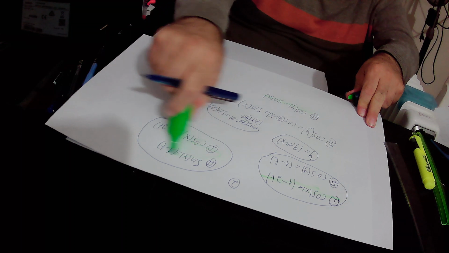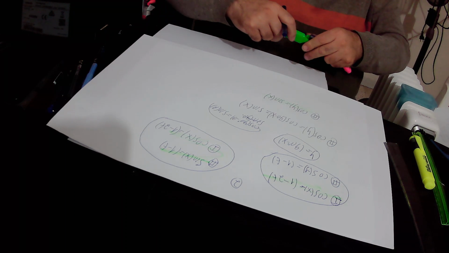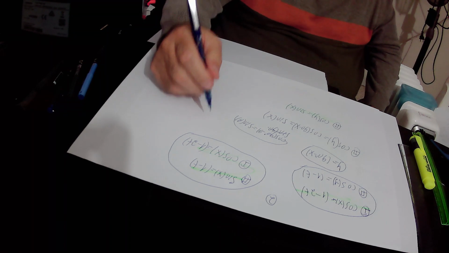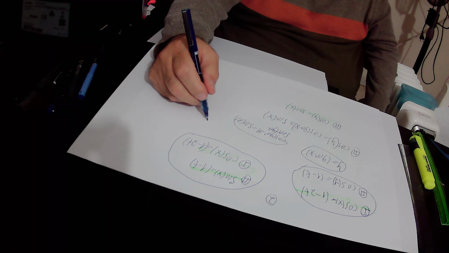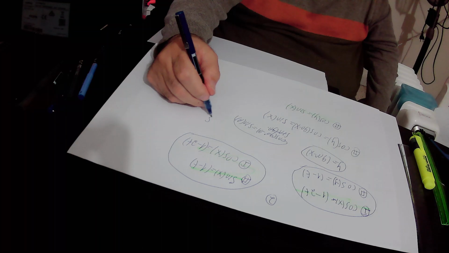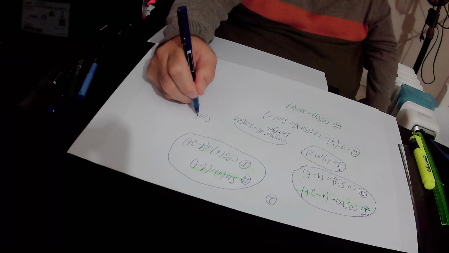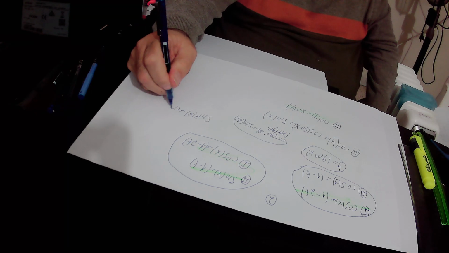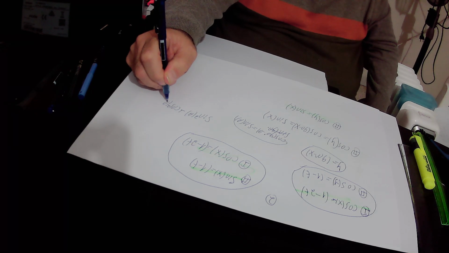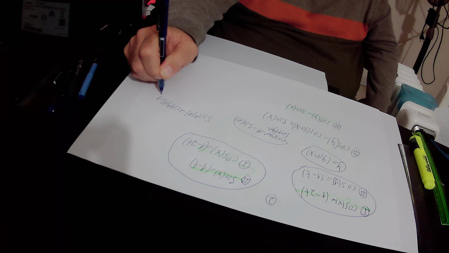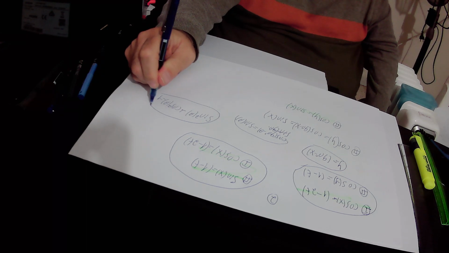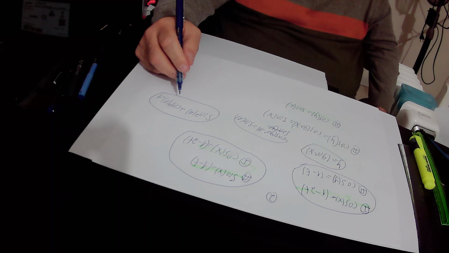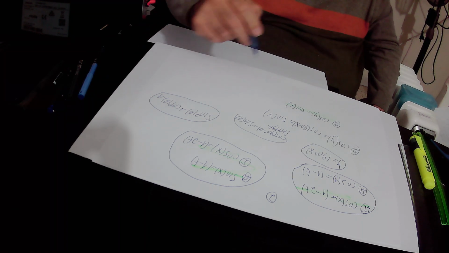Okay, and we have the trigonometric identity that states that sine squared theta plus cosine squared theta equals 1. We use this trigonometric identity in our two equations.